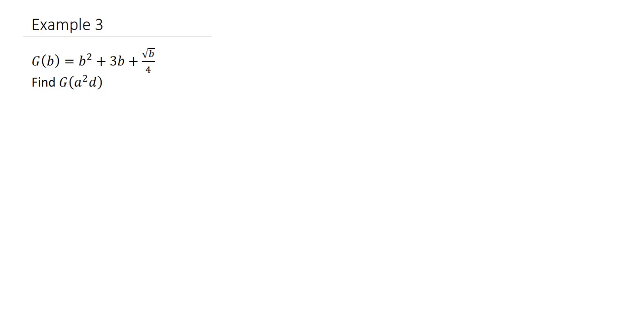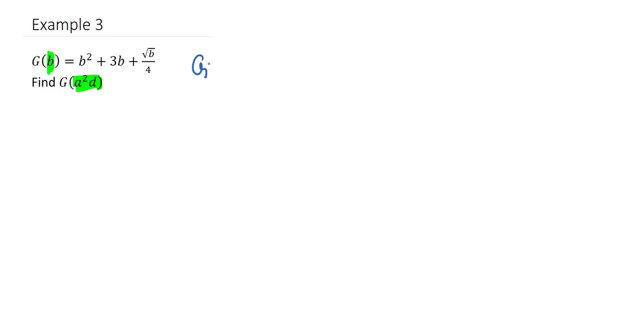Another example. What if we have this example? We have a function g of b equals b squared plus 3b plus the square root of b over 4. So find g when b is a squared d. Once again, we're going to plug this in anytime we see a b. So let's rewrite this.